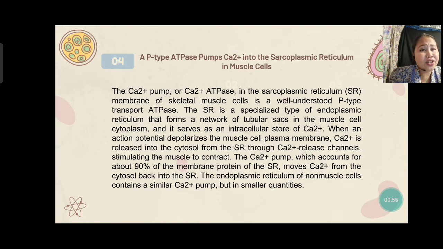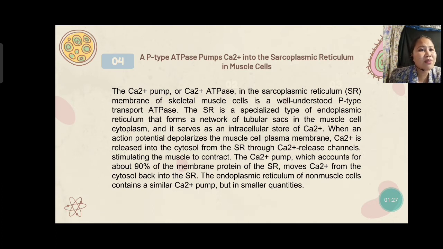So when an action potential depolarizes the muscle cell plasma membrane, the calcium is released into the cytosol from the sarcoplasmic reticulum through the calcium release channels, stimulating the muscle to contract. The calcium ion pump, which accounts for about 90% of the membrane protein of the sarcoplasmic reticulum, moves the calcium ion from the cytosol back into the sarcoplasmic reticulum.